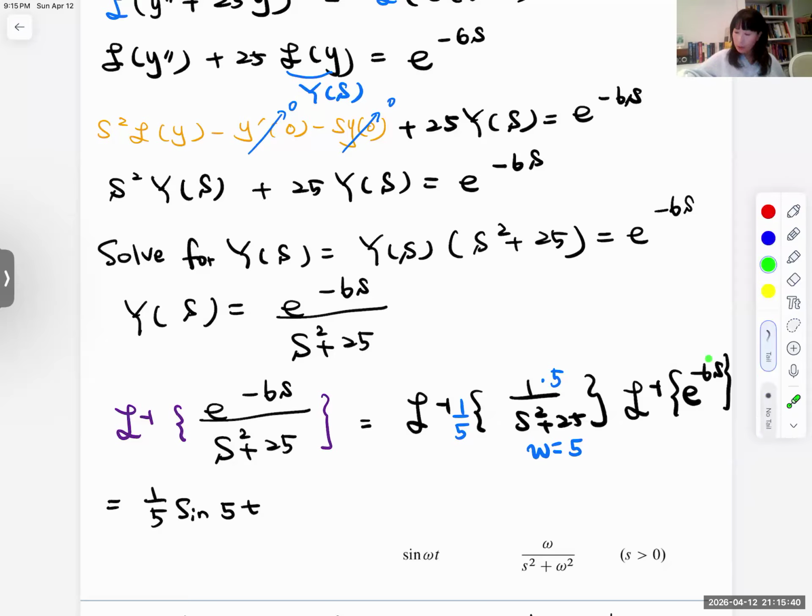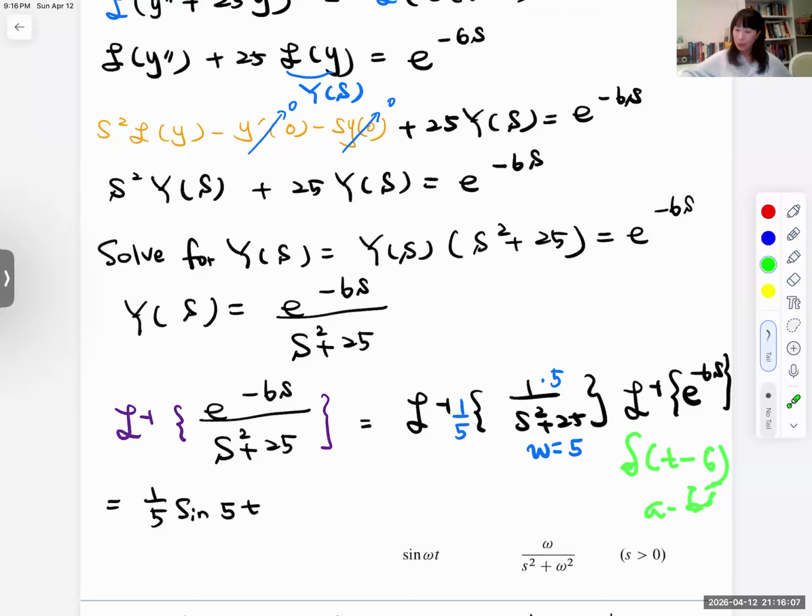What about this one? We will talk about delta t minus 6, that's why a equal to 6, right?